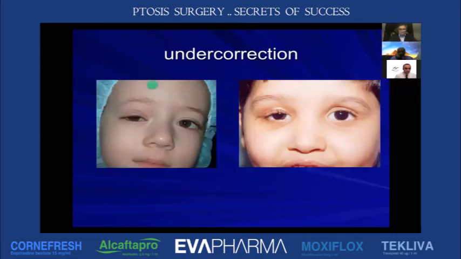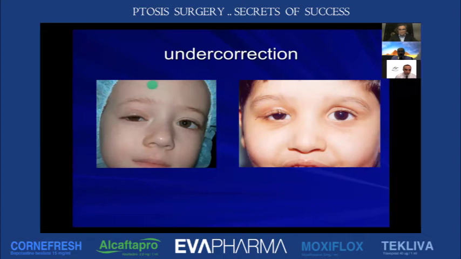One of the most common complications after ptosis surgery, especially congenital ptosis, is undercorrection. Many years ago, and I believe Mike can remember this, when we were at Bascom Palmer with Dr. David C., he taught us that you will never overcorrect a congenital ptosis. That's why, in cases of congenital ptosis, especially with severe ptosis like the one you can see on the left side, you have to put the lid margin a little bit overcorrected at the end of the surgery.